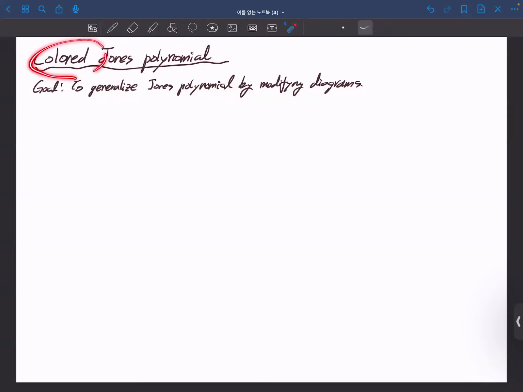And here, colored can be understood in the following way. Here, we have a knot diagram. Then, how do we modify the diagram? From here, there is one way to obtain infinitely many link diagrams.